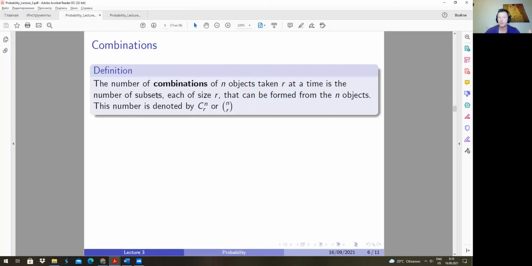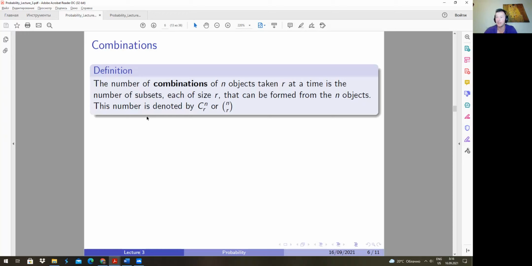So it's the number of subsets, each of size r, that can be formed from the n objects. What is a subset? In a subset, we do not care about the order. So ABC and CAB are exactly the same element. ABC, BAC, CAB is the same element.